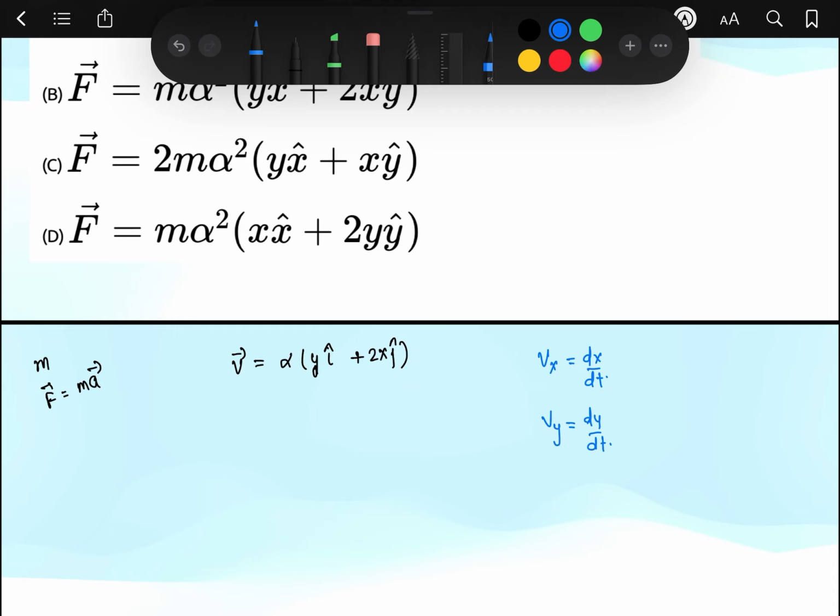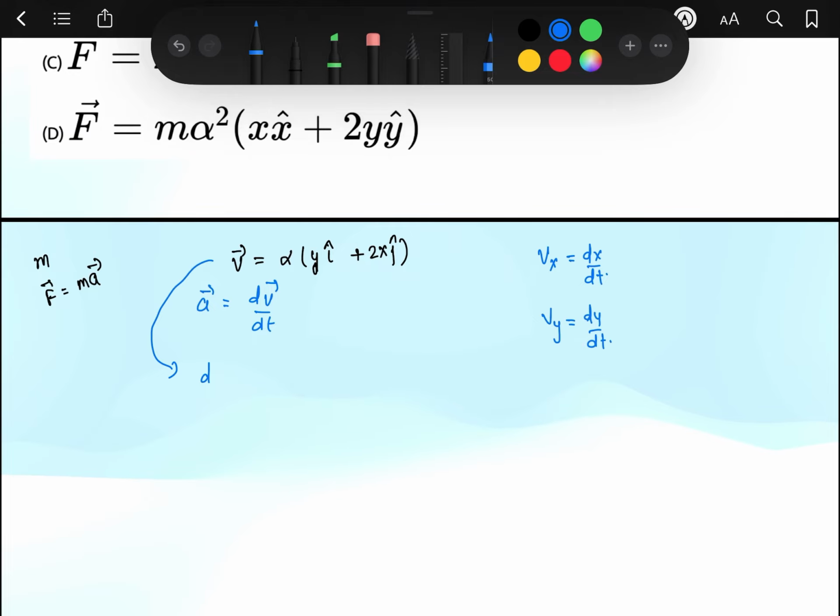Since the acceleration vector is equal to the rate of change of the velocity vector, I will directly differentiate this equation. dv vector by dt will be alpha into (dy by dt i cap plus 2 dx by dt j cap).